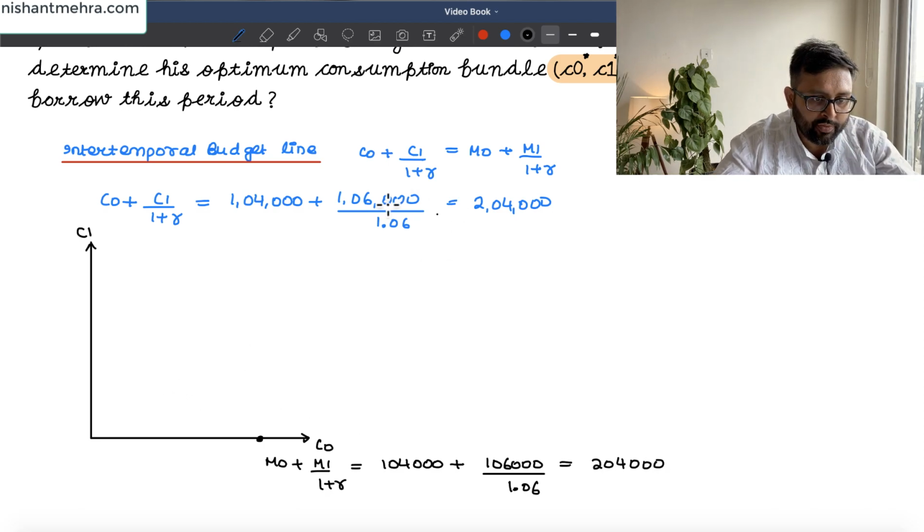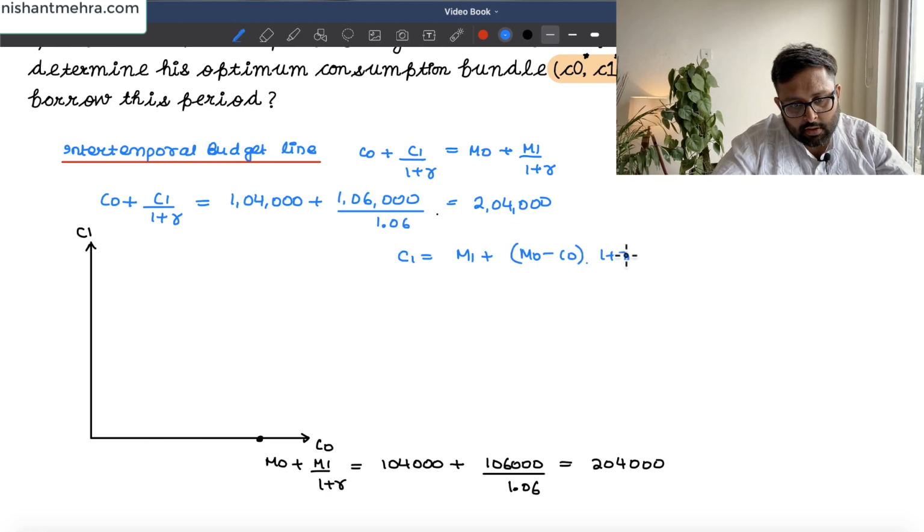you will have 2,04,000, right? Now if you want to find out, if you're going to consume everything tomorrow and not consume anything today, what is the maximum consumption you can have? In that case, you can write C1 as M1 plus the saving, that is M0 minus C0, into 1 plus R. M1 is 1,06,000.